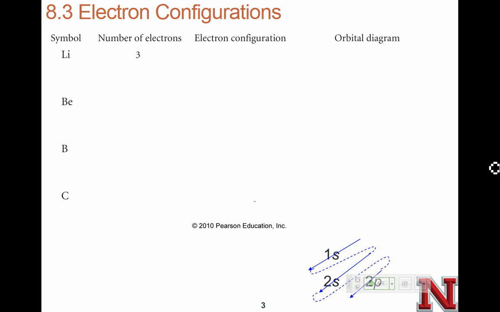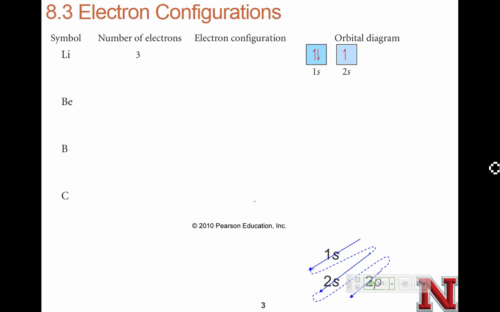So lithium has 3 electrons. You might need a review from the beginning of the semester to figure out how it has 3 electrons, but you should know that from looking at the periodic table. So our 1s and 2s we can fill in. 1s is full, 2s isn't.